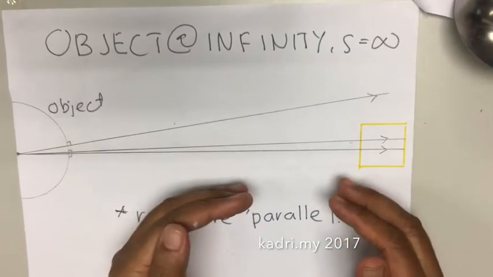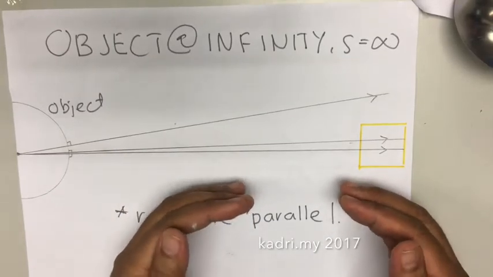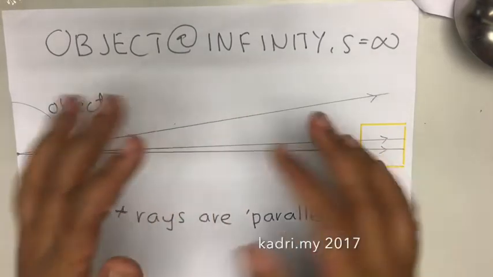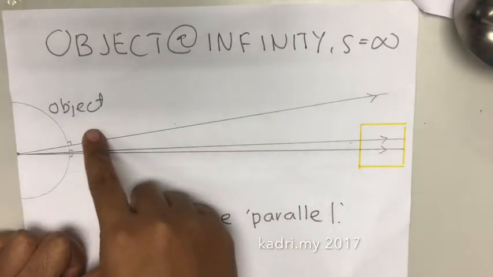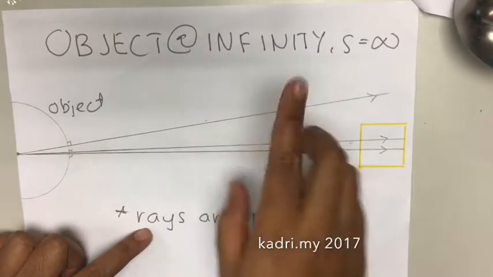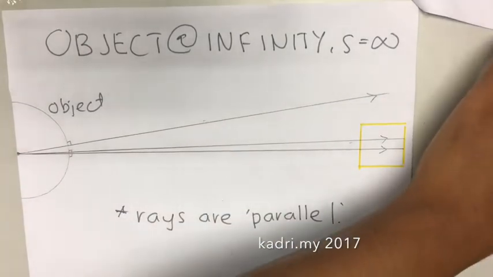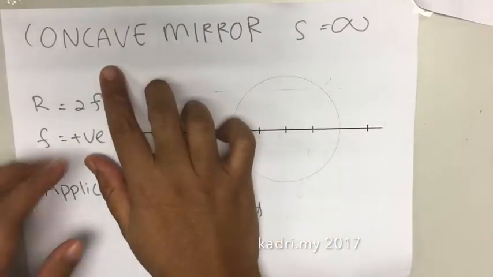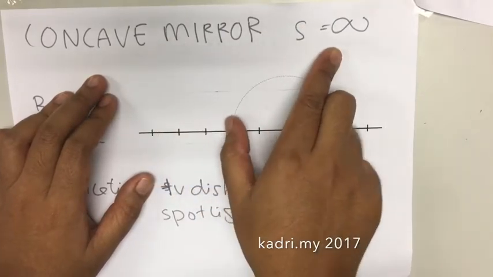So this property is important to understand how concave and convex mirrors behave. Okay, now we keep in mind that the rays are parallel for an object at infinity. Next, we want to explore more about the spherical mirror. We start with the concave mirror, where the object is at infinity.